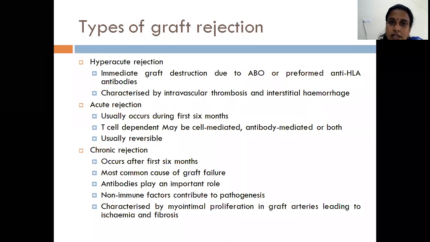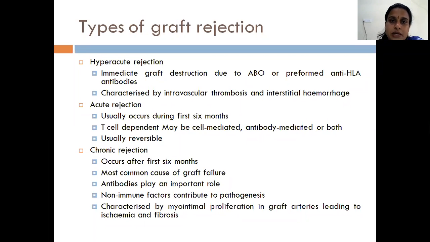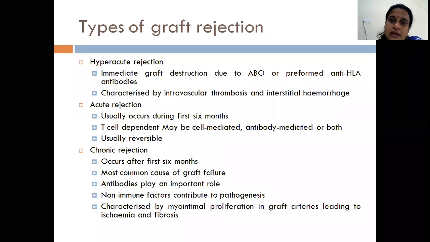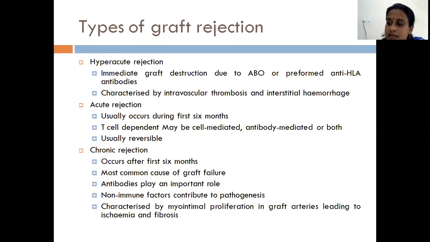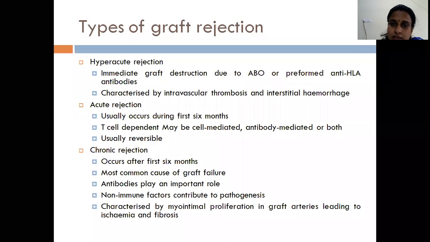That is, the patient is not taking immunosuppressive therapy properly, or he was advised to stop the immunosuppressants. Then there are chances of chronic rejection. Also, there is one particular term called cold ischemic time. When that is prolonged, then there are chances of chronic rejection after 6 months of transplantation.